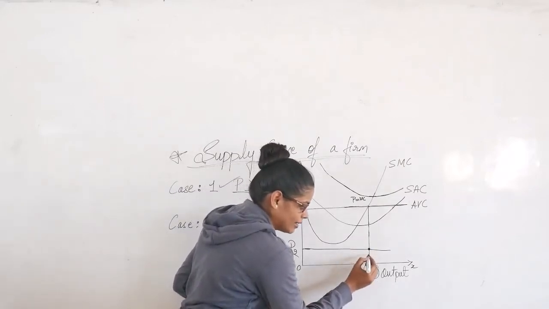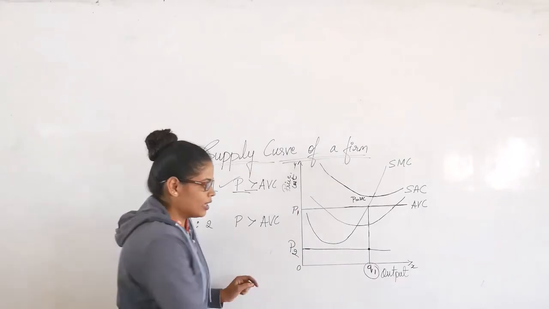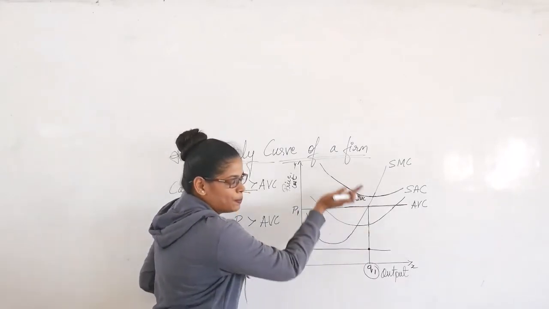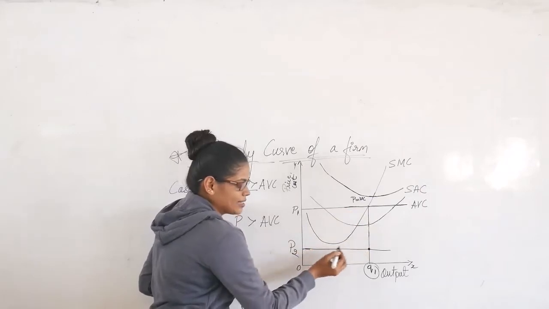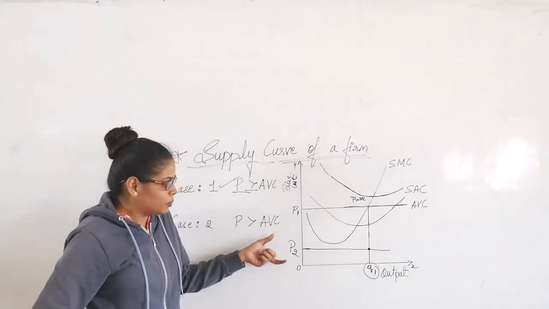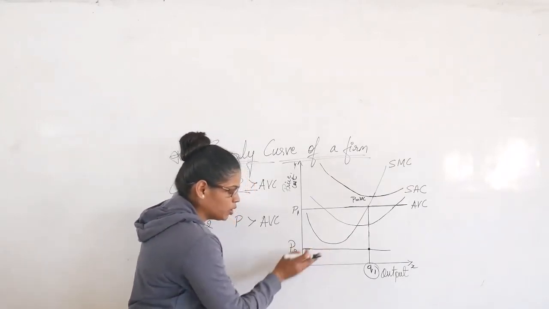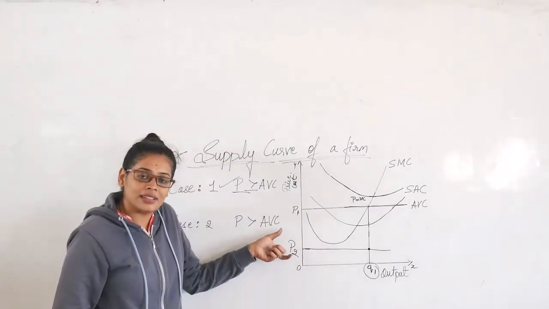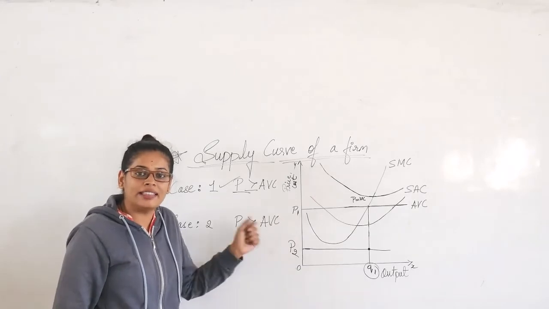Can it sell at this point? No, right? Because all the costs are above the market price line, which is P2. So when the market price is P2, the firm decides not to produce. That's the reason zero output can be seen for the firm.